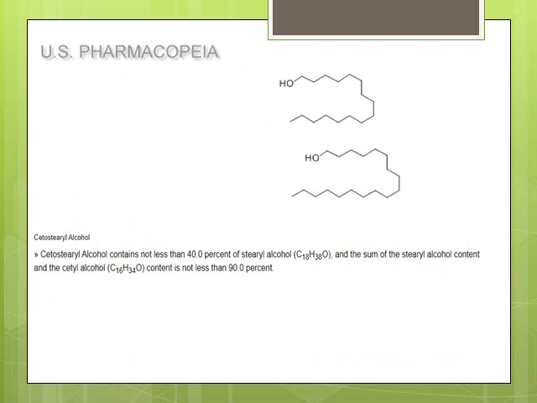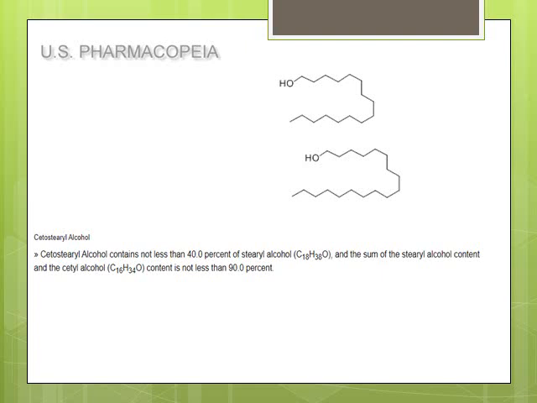There is a monograph on cetostearyl alcohol in USP, and it describes that it is actually a mixture of cetyl and stearyl alcohol, and cetyl or stearyl alcohol content cannot be less than 40%, and the overall sum of both fatty alcohols cannot be less than 90%.